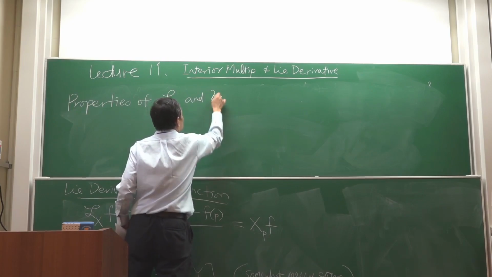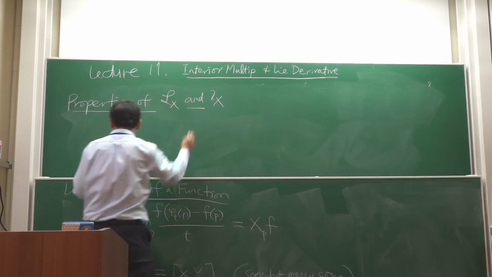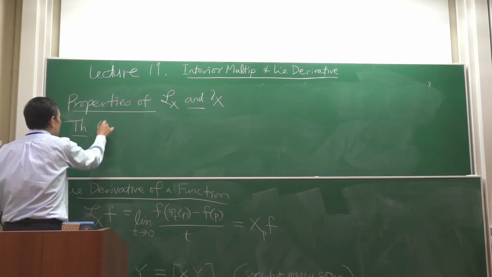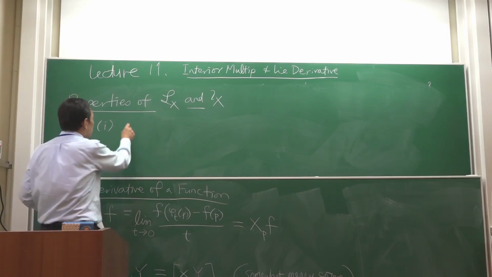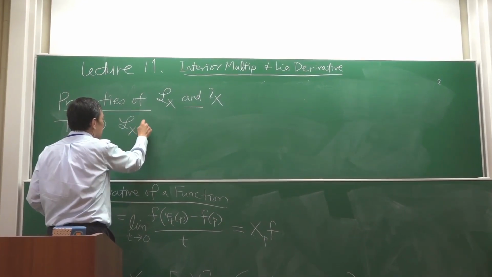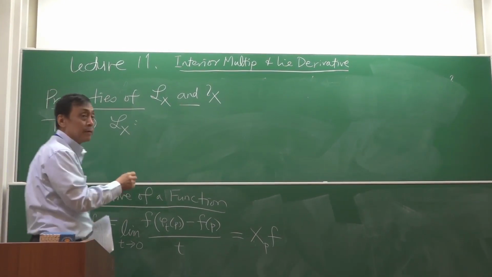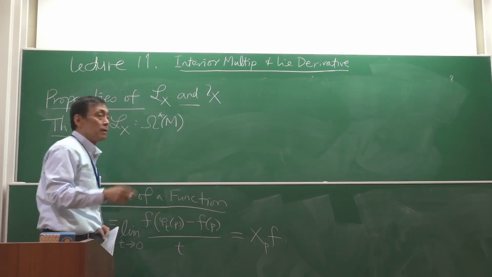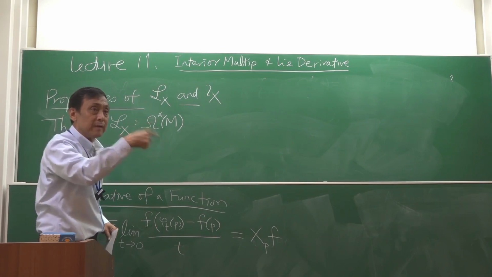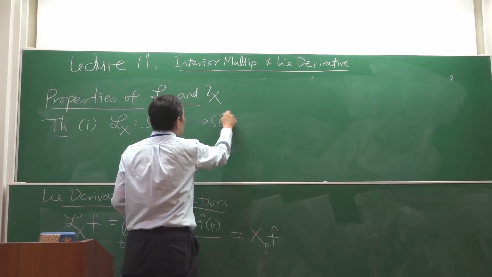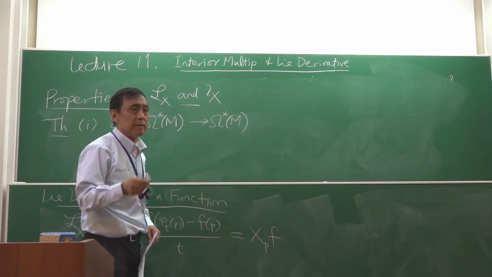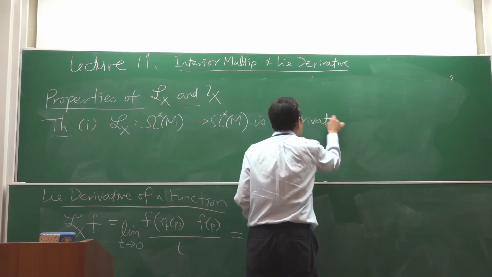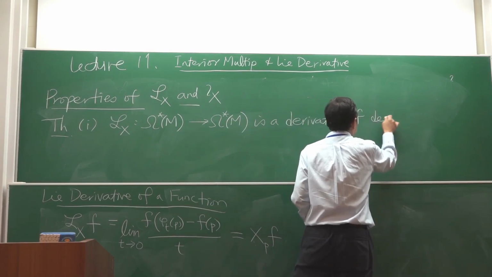L_X and iota_X. So theorem 1. Now, the Lie derivative on differential forms takes a form to a form of the same degree, but it is a derivation of degree 0.